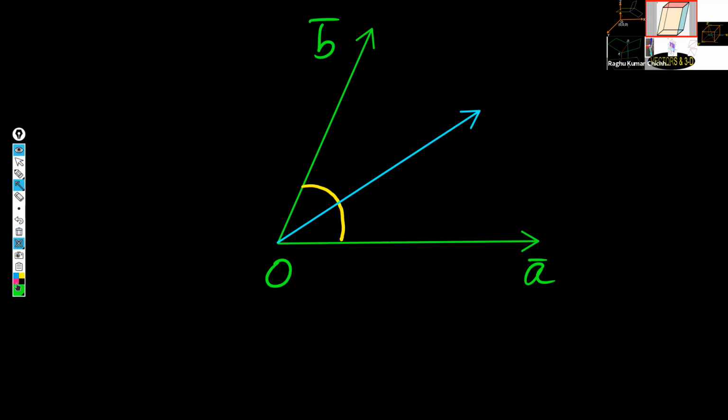I'll change the color so that you'll better understand this. You choose any point here on the angular bisector. If you find the perpendicular distance from this point to B bar, and similarly the perpendicular distance from the same point to A bar, these two are equal. Understand this? These two are equal, please.